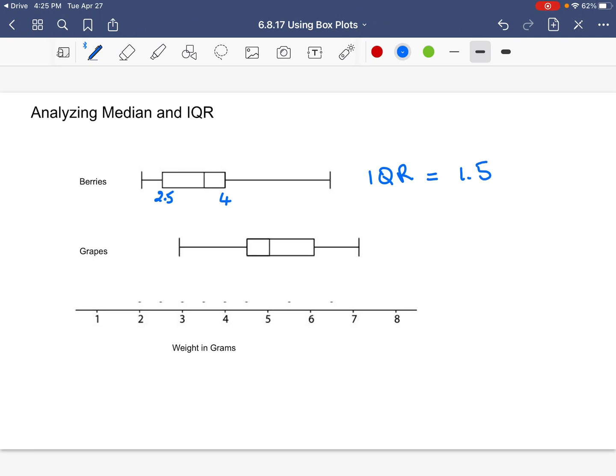And here for the grapes we have 4.5 to 6, so your interquartile range here is also 1.5. So having the same interquartile range means that there's a similar variability in their weight. Even though the grapes are heavier than the berries, typical grapes vary about as much as typical berries do.